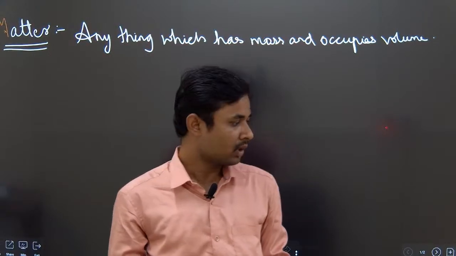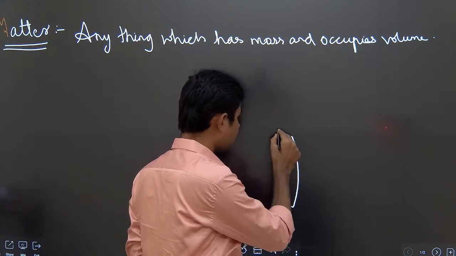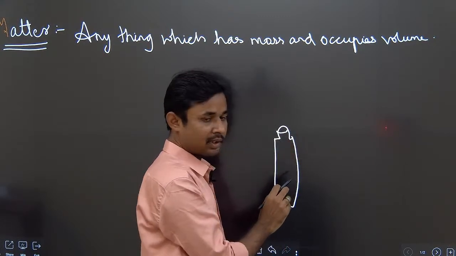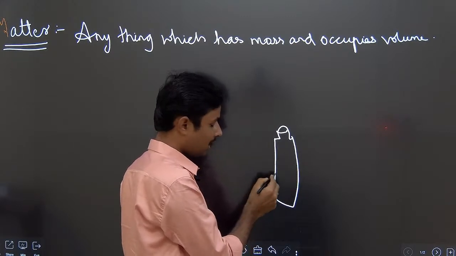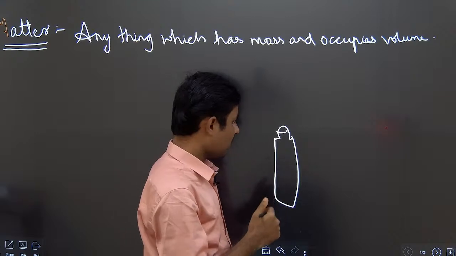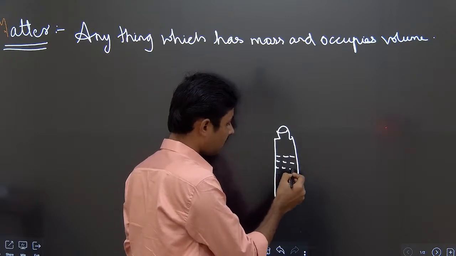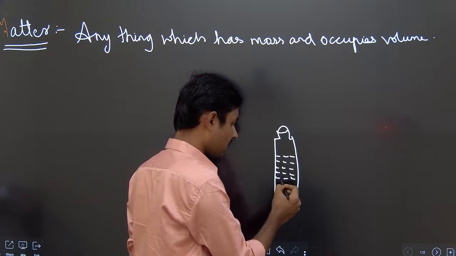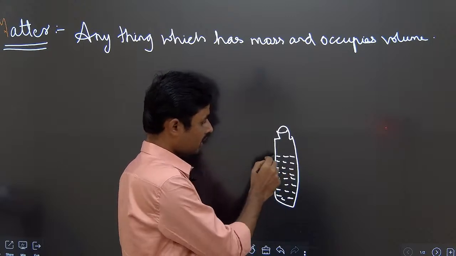Now consider a water bottle. The water bottle is also a matter because it has mass and it is occupying volume. Now if you pour water in it, water is also a matter because it has mass and is also occupying a volume up to here.